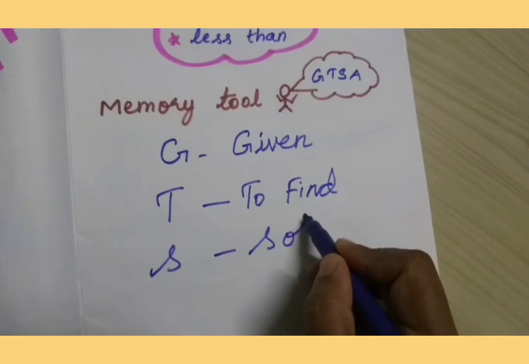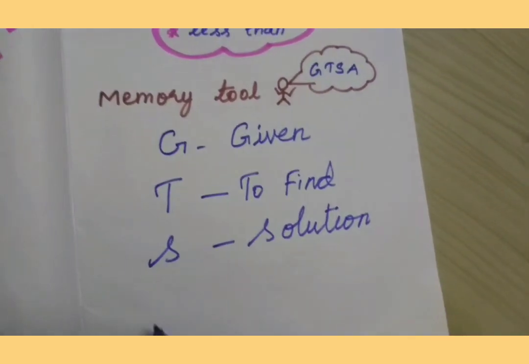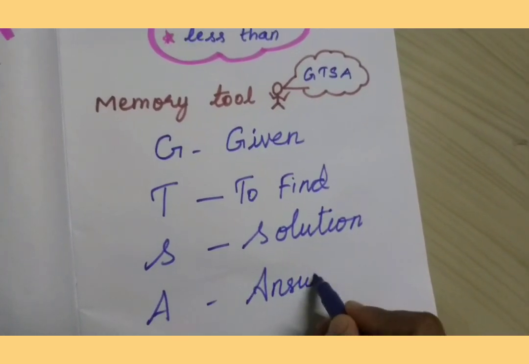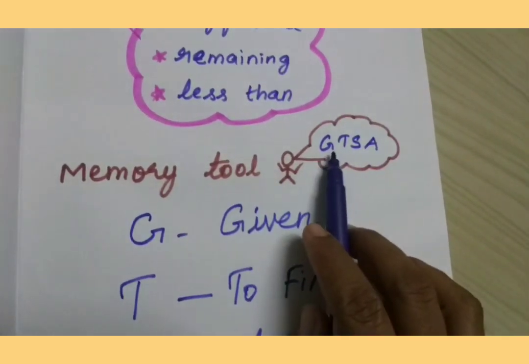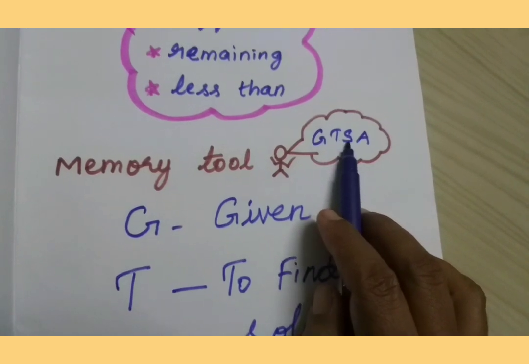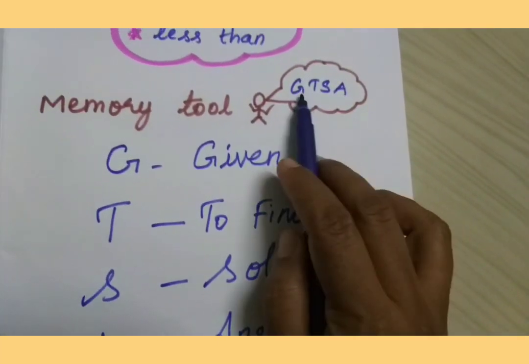And A is answer. So again, all of you, the memory tool is GTSA. G is given, T is to find, S is the solution and A is the answer.